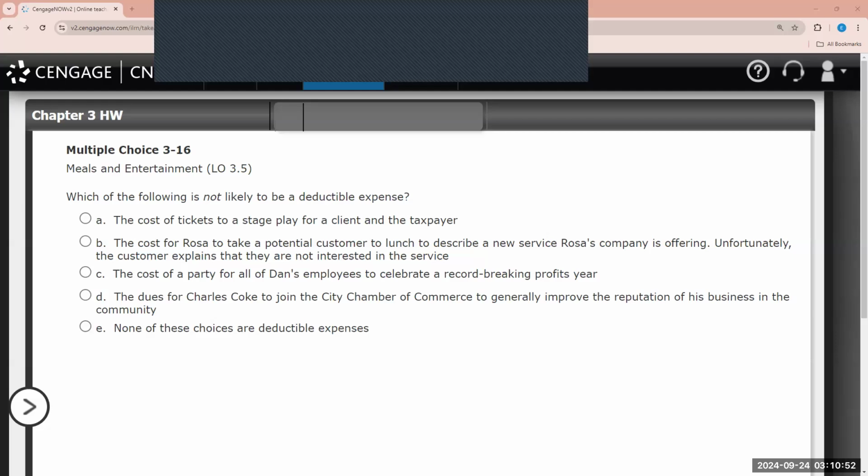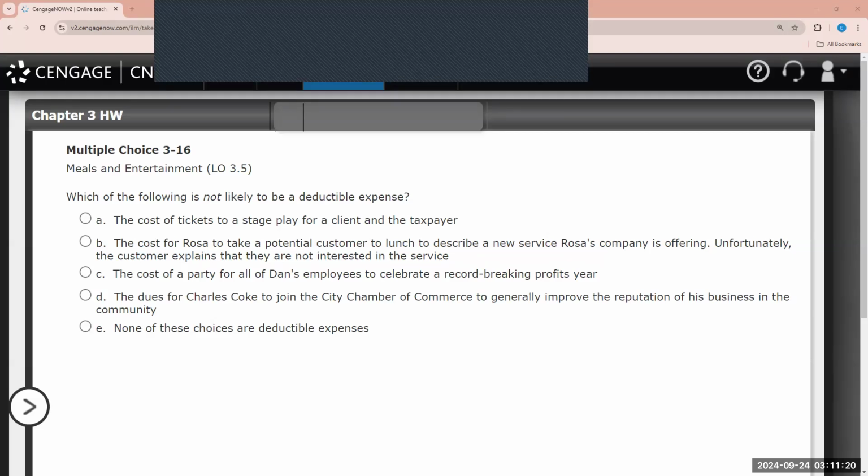And one of the key things is it cannot be lavish and it cannot be extravagant. So in such case, it remains 50% deductible. There were some changes in 2021 and 2022 where it was like 100% that was allowed to be deducted, but it's reverted back. And there were also some caveats to claiming the full 100%, but for the most part, meals are generally 50% deductible.